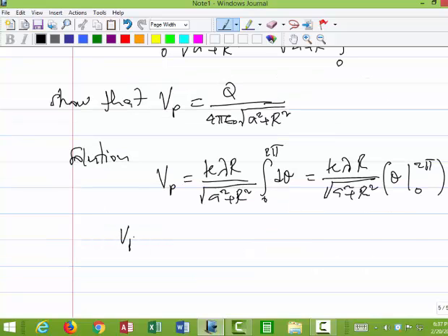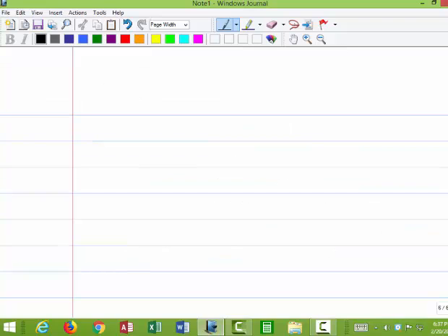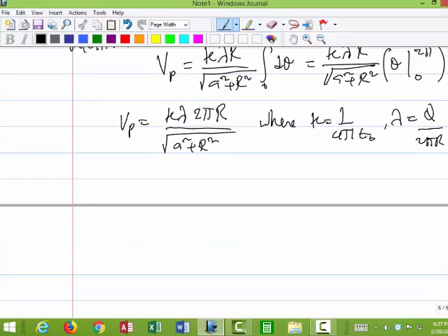So the potential at P can be written as K lambda 2 pi R divided by the square root of A squared plus R squared. We can replace K by 1 over 4 pi epsilon naught, and lambda is equal to Q over 2 pi R, because the length of that circle, the circumference, is just 2 pi R.